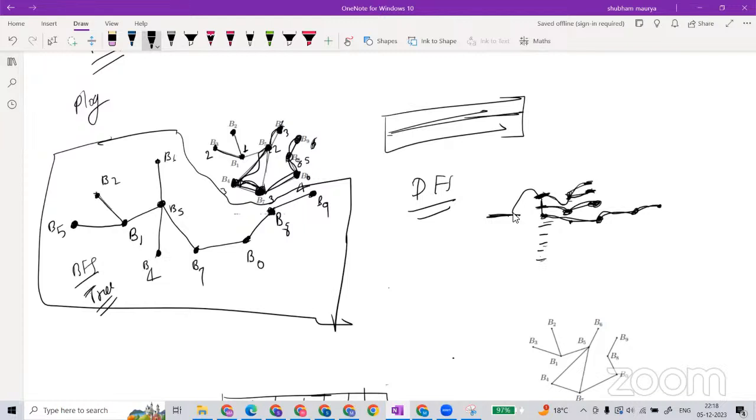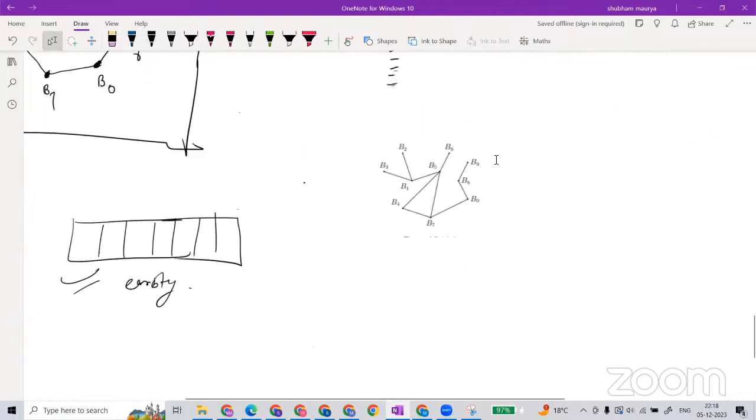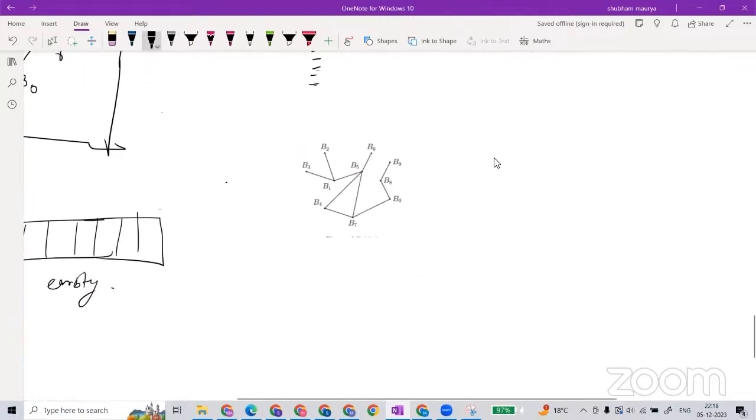So you will see the difference here: the BFS and DFS trees are actually different. Okay, we can see it the same way. From B2 I started, the same as in BFS. In DFS, I just go to B1.